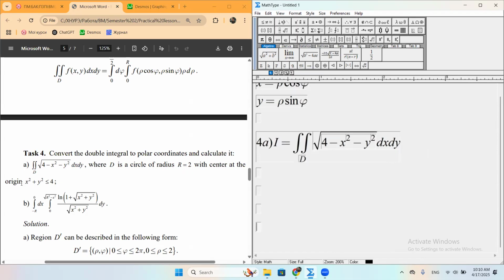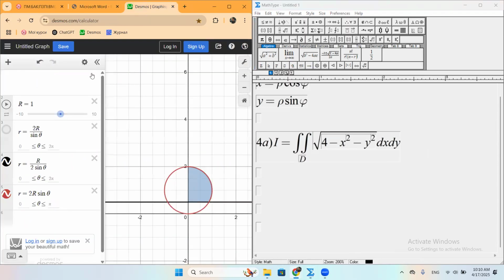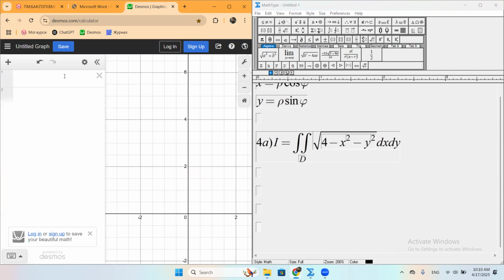Actually, what do we have? So D is bounded by a circle of radius 2 at the center of the origin. So x squared plus y squared is less than 4.